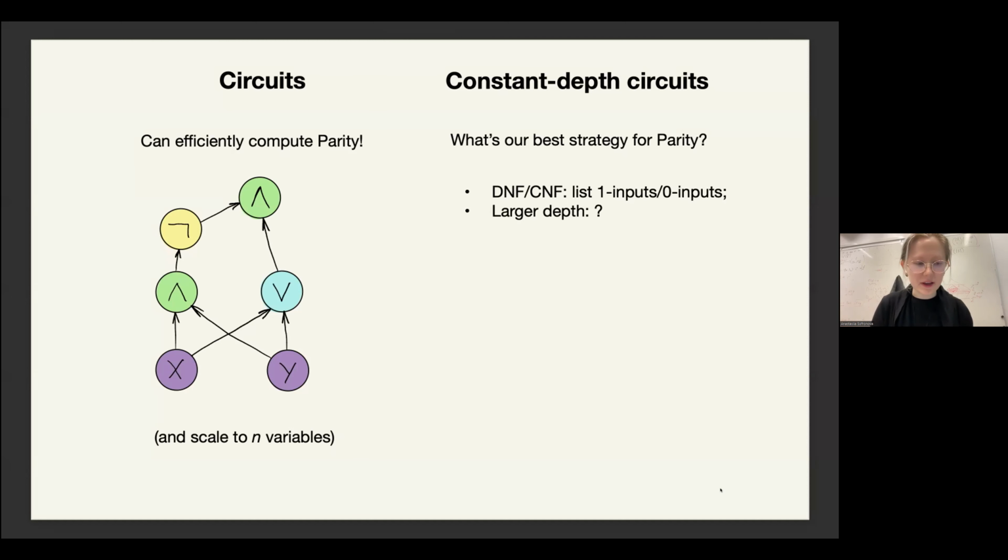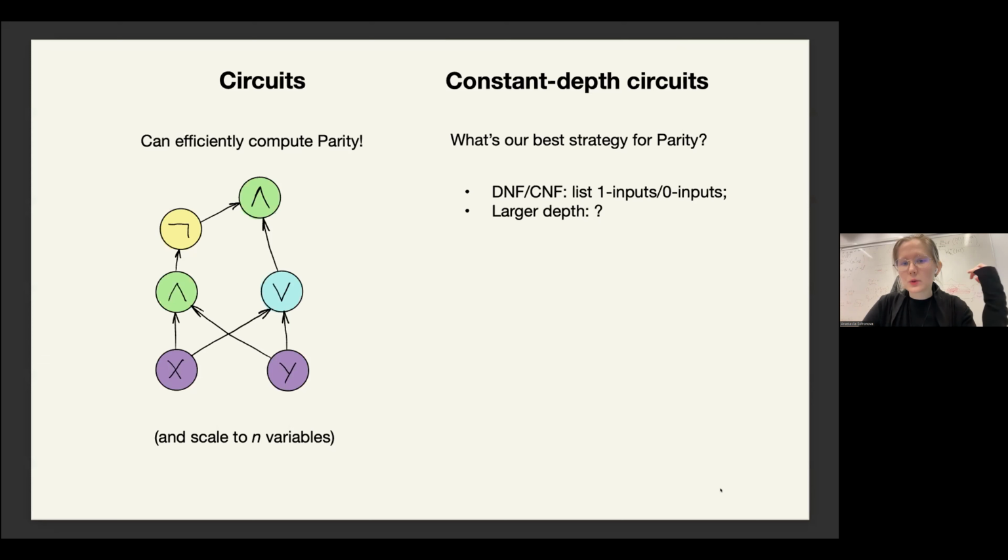And for CNF, as Jakob said, we write down the statement that our input is different from every zero input in some sense. So this is indeed the best we can do. It's not super hard to prove this.